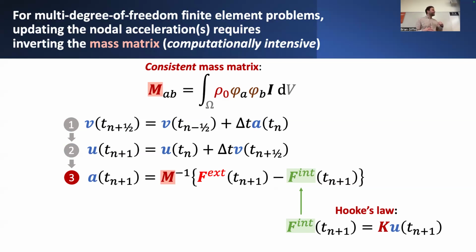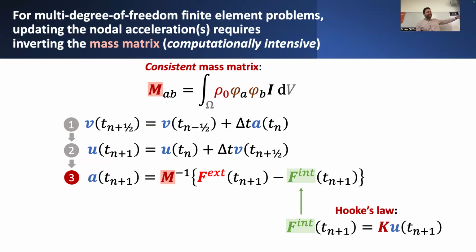And just as well, even if this expression for F internal wasn't linear, even if it wasn't K times U, maybe it was actually some nasty nonlinear relationship between the internal forces and the displacements, I could just as easily plug that into this expression. And somewhat remarkably, this algorithm tells me that I don't actually have to iterate on my residual.